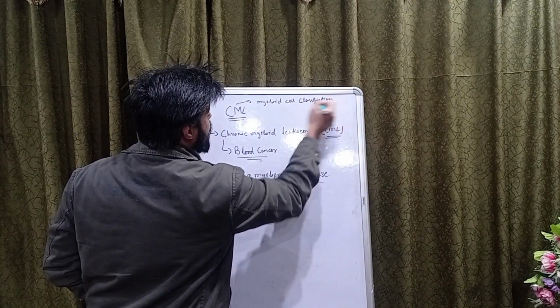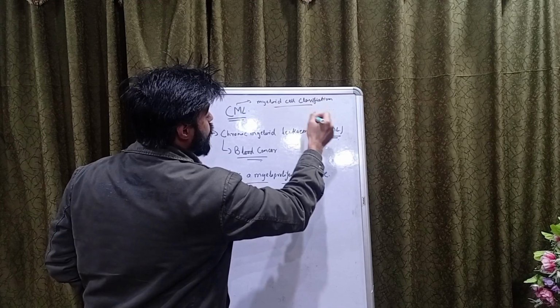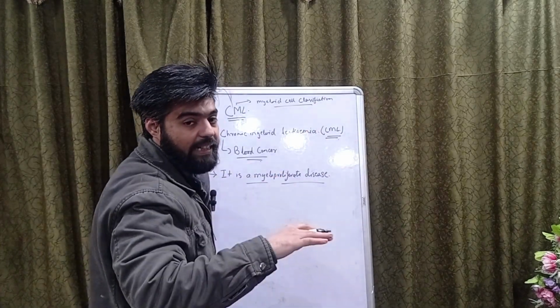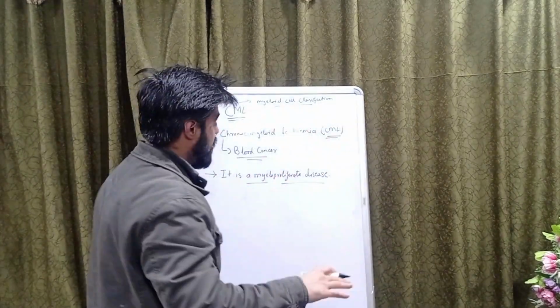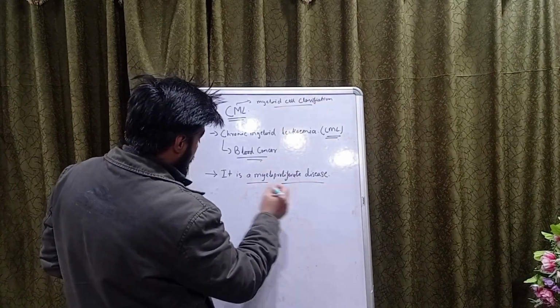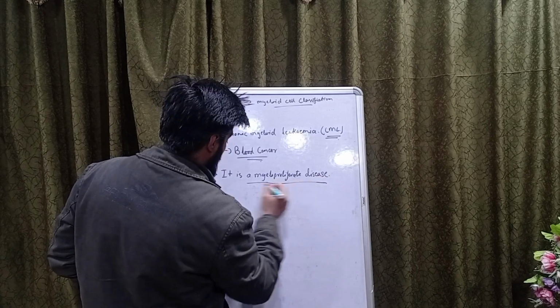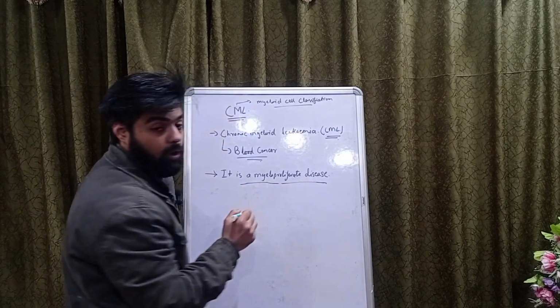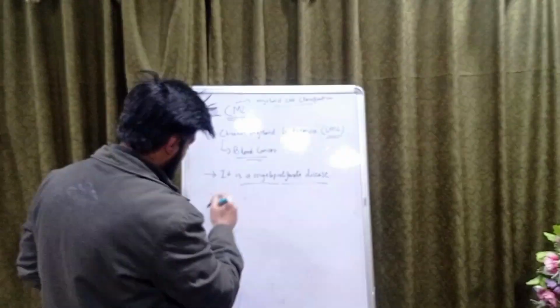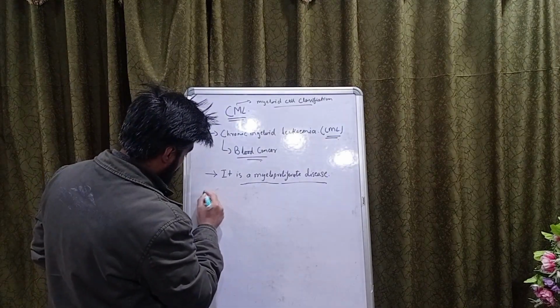I made a short video over it, and I have explained in detail all the classification of leukemia. So basically it's a myeloproliferative disease. We all have to remember this. Next, let's see its etiology.